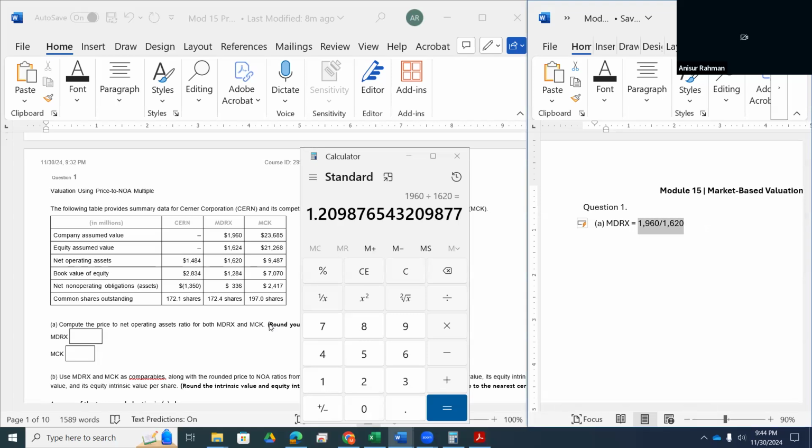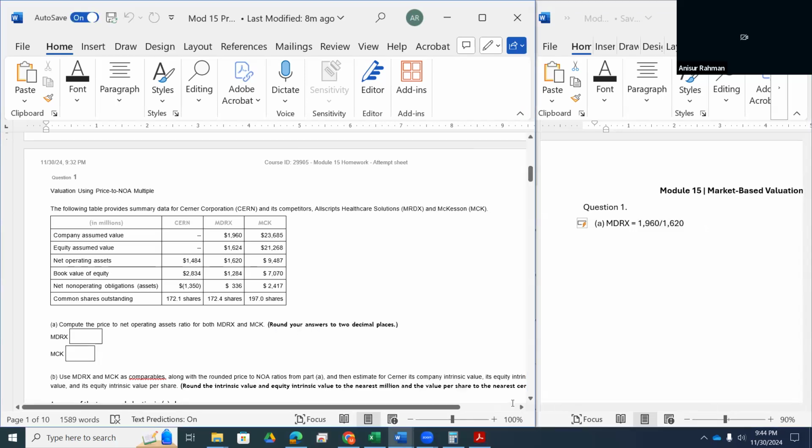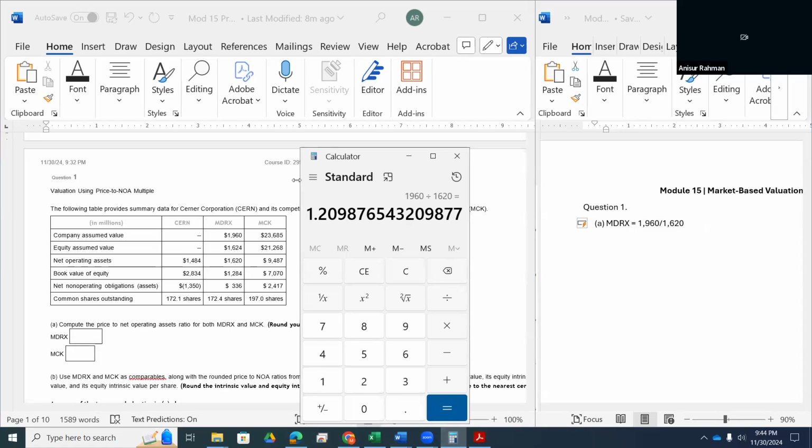It tells us to round your answers to 2 decimal places. So 1.21.